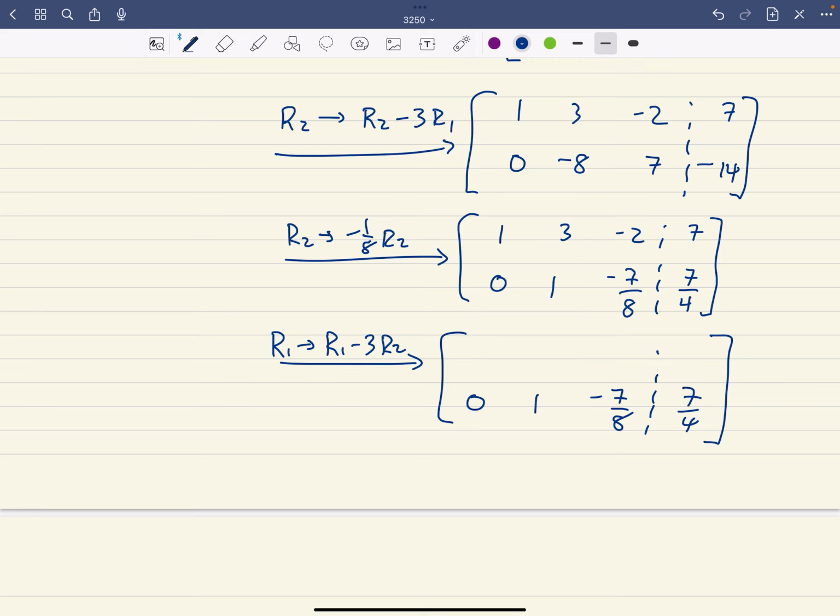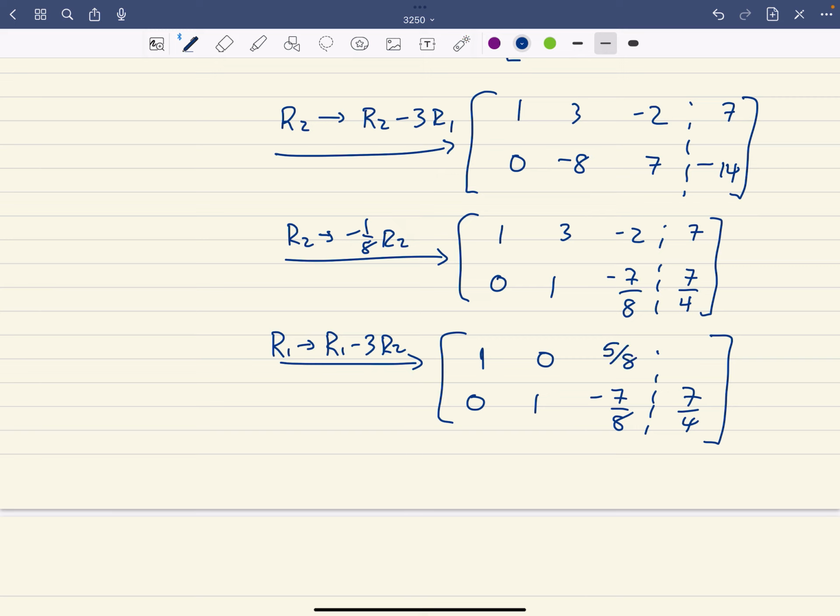In row 1, we're going to get 1 and 0 by design. So the 1 doesn't change, the 3 becomes a 0. And then we need to figure out what the rest is going to be. So if we take -3 times negative 7/8, that's going to be 21/8, minus 16/8, so that should be 5/8.